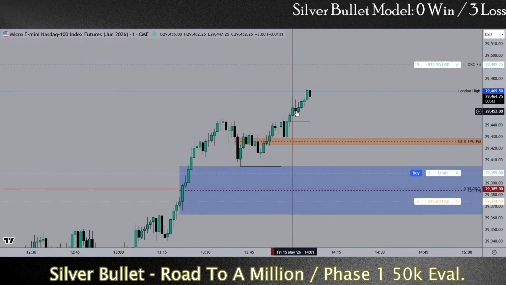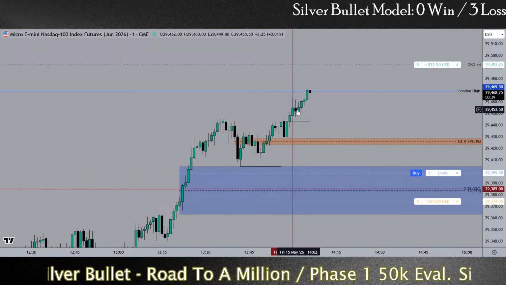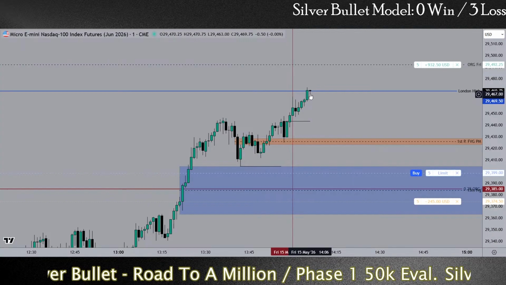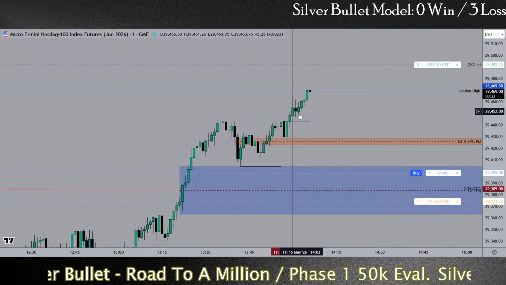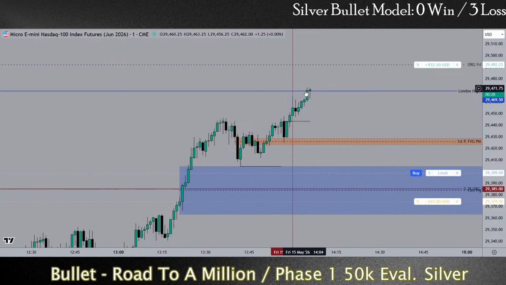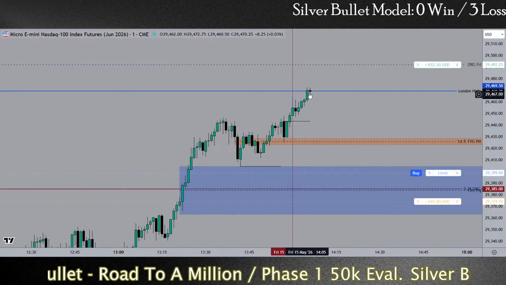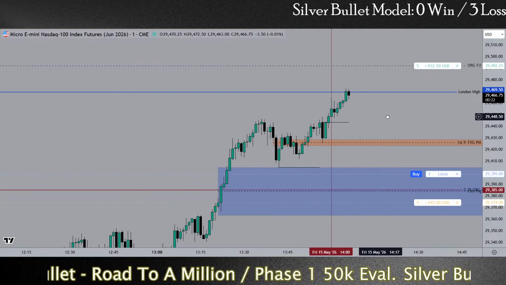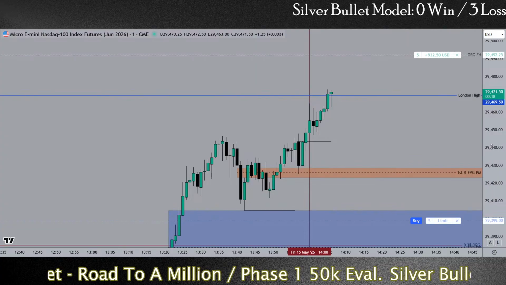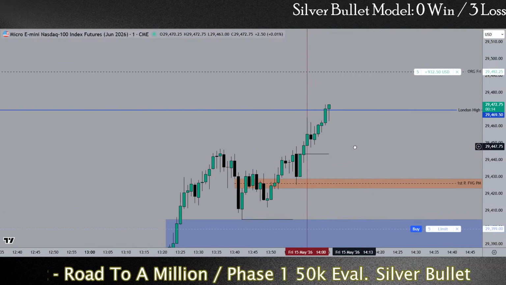No inefficiencies as it is for now, since 2 o'clock. Everything is overlapping. Yes, it moved a little bit higher here. Yes, I wanted to see it go there, but it offered no opportunity for any kind of entry or anything really.